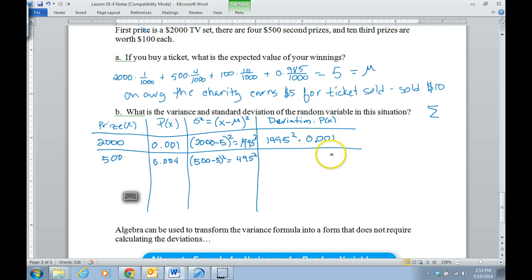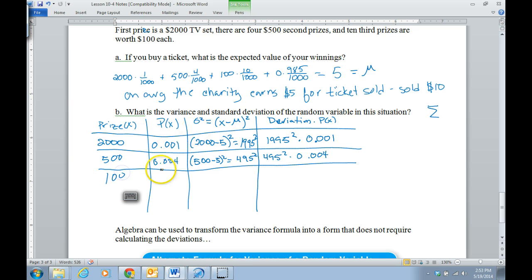And our deviation times our probability? Okay. We got 2 more to figure out. How are you getting the P of X? Because we found it up here, the probability of drawing, because they sold 1,000 tickets. Good question.